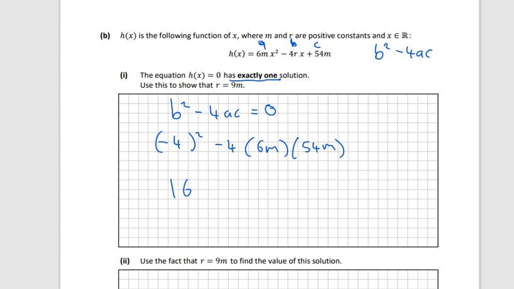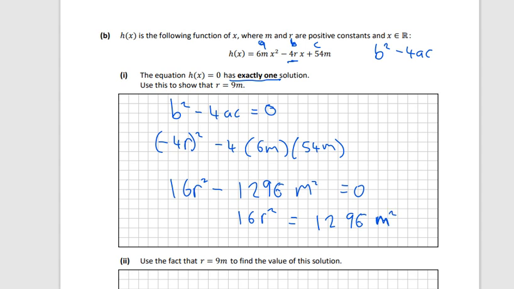Now we have to do 4 times 6 times 54. That's minus 1296m squared. It's equal to 0. Now there's an r in there actually where the b was, so that should be minus 4r squared, so it's 16r squared. Then we're getting 16r squared is equal to 1296m squared.